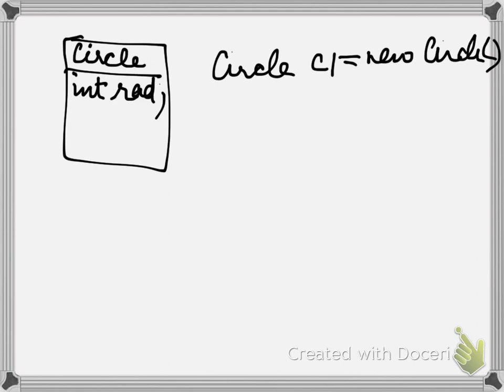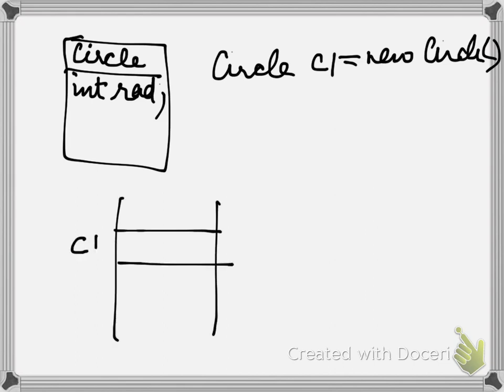So C1 is a variable, so it is also allocated some memory location. Now what C1 holds is not the contents of the circle object. Instead, the object C1 will be stored somewhere else.